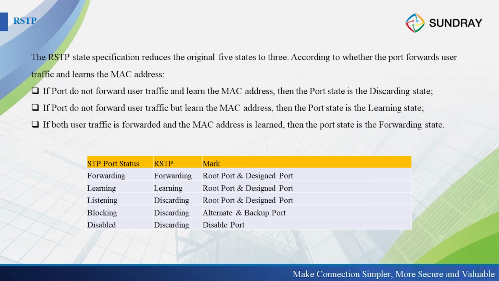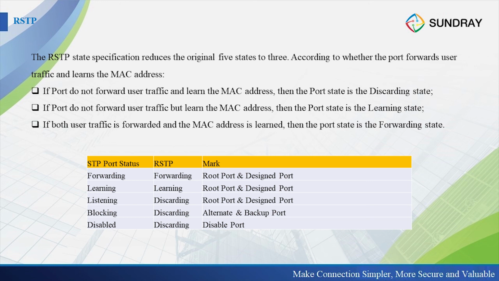Now, before, the STP had forwarding, learning, listening, blocking, and disable, the five port statuses, but for RSTP, it has changed to three: the forwarding status, learning status, and discarding. The discarding status includes the alternate port and the backup port.